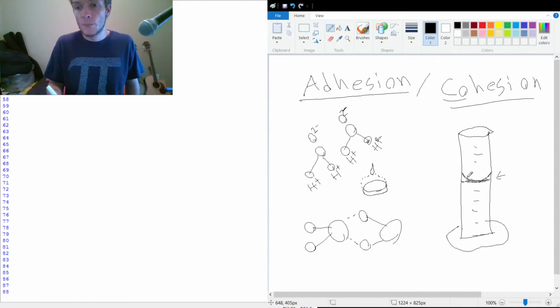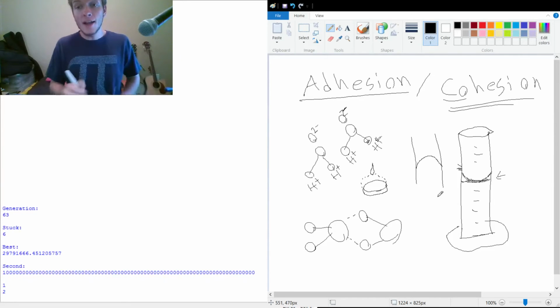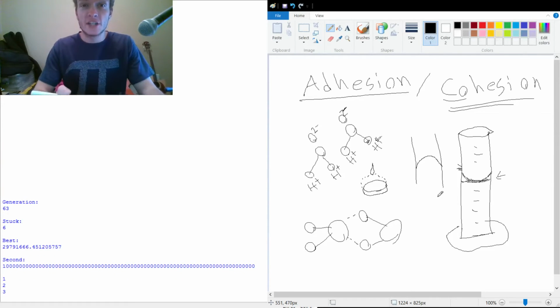So it wants to be pulled up this wall of the graduated cylinder, because it is being pulled up by the molecules up here in the plastic or glass. Other liquids like mercury will actually have the opposite effect. So they will be like this because they are more cohesive. And so that is the difference between adhesion and cohesion.